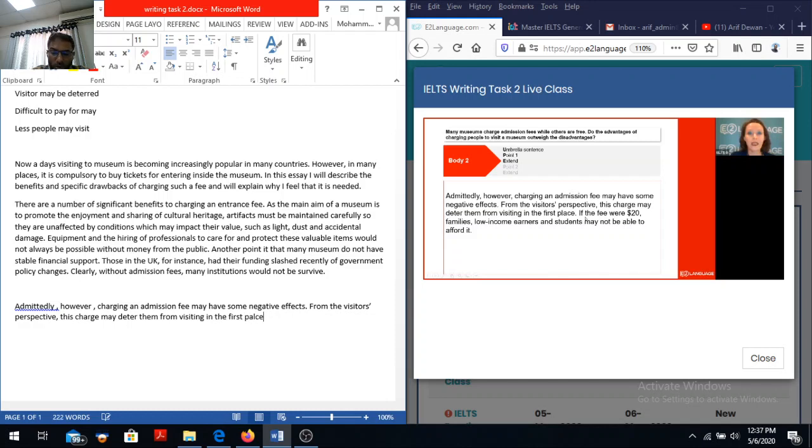That means visitors will not choose to visit a museum as their first option or first choice.